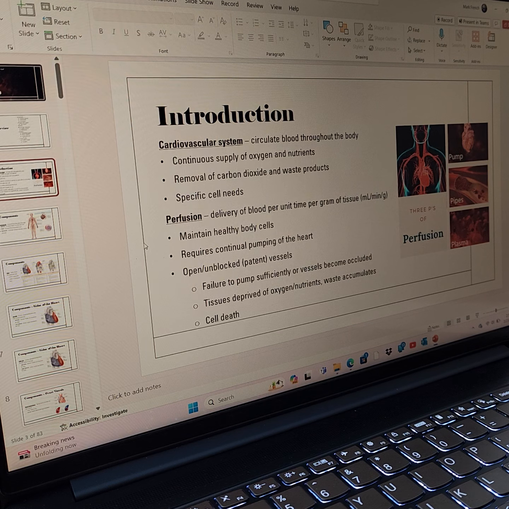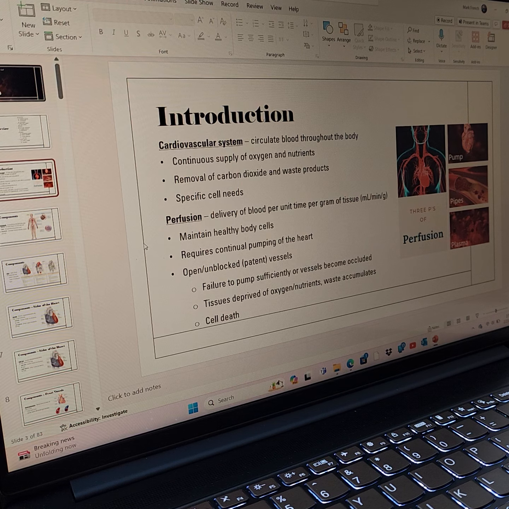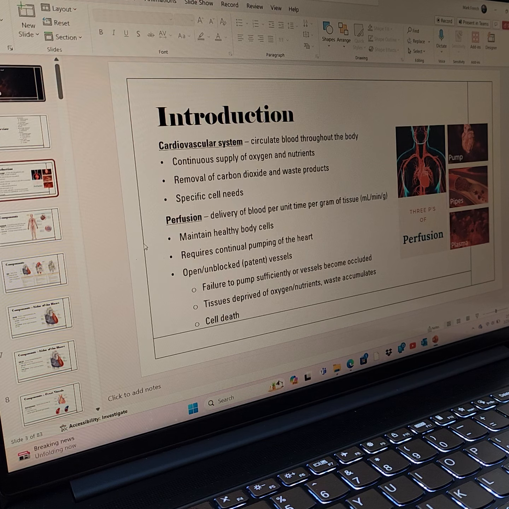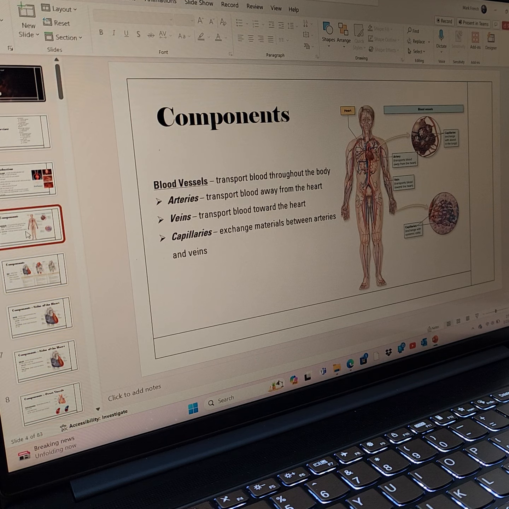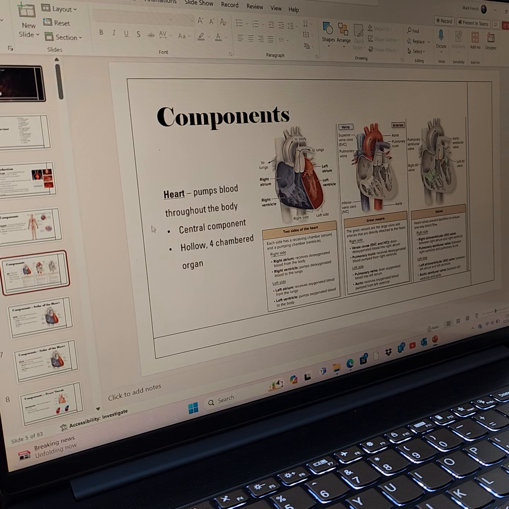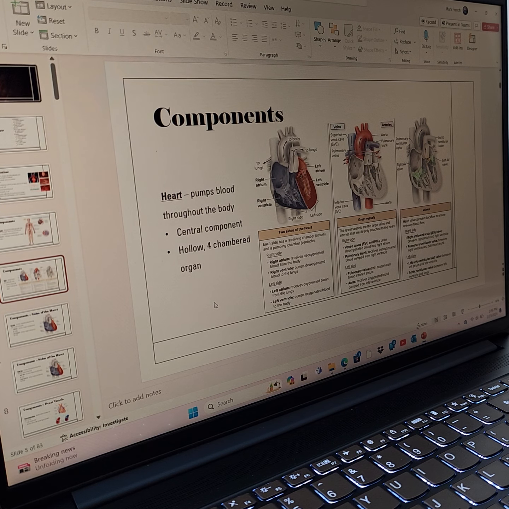The next thing that it's asking for is let's be able to identify the 4 different chambers of the heart and their respective locations, right? So here's the breakdown that we're going to want to keep in mind.